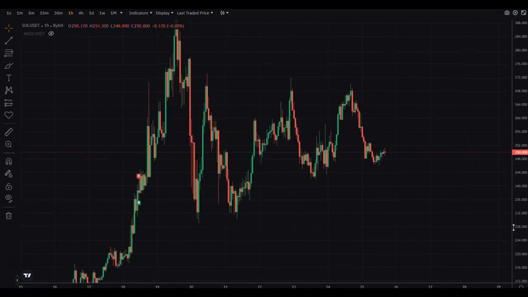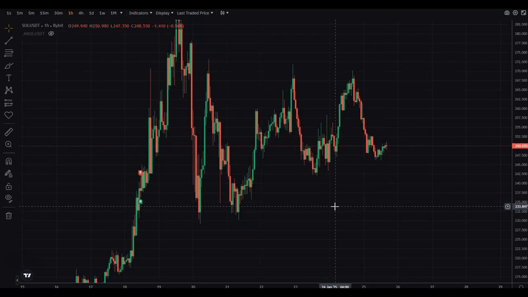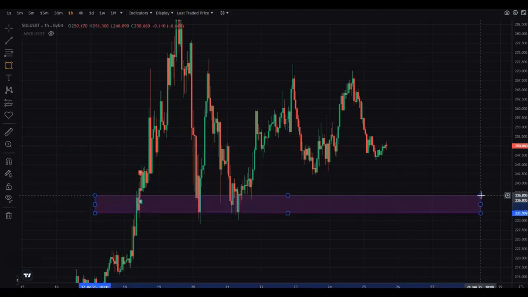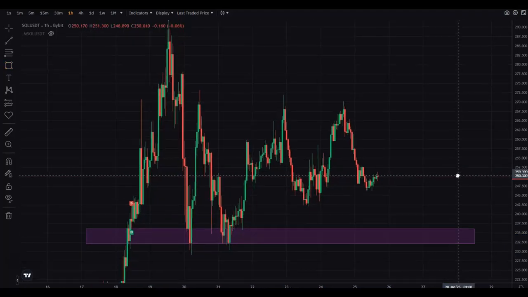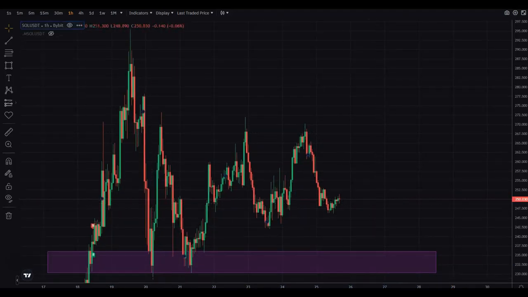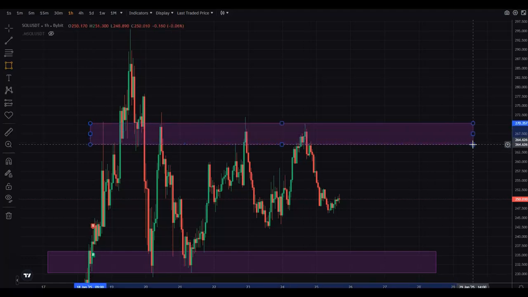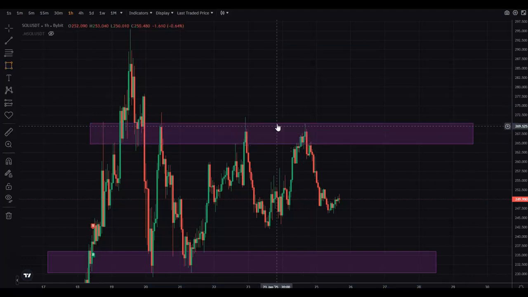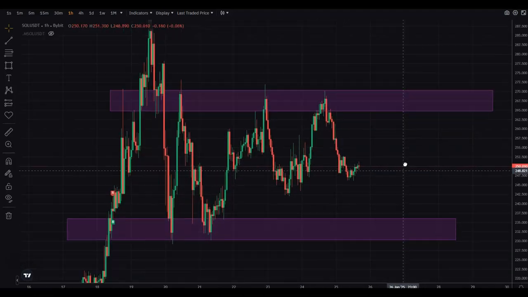So our support would be down here. Let's make it a little bit bigger. And our resistance, the resistance of selling pressure, would be up here.